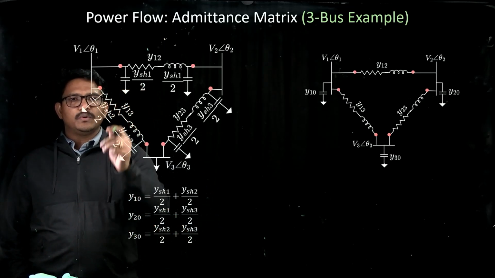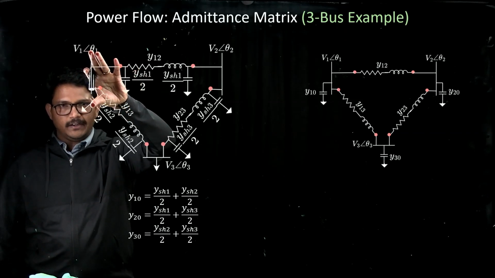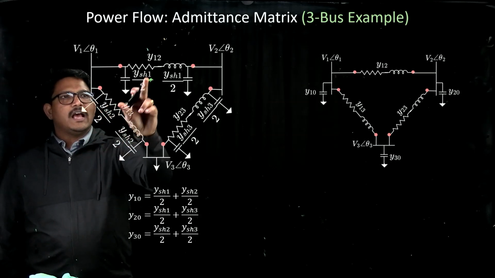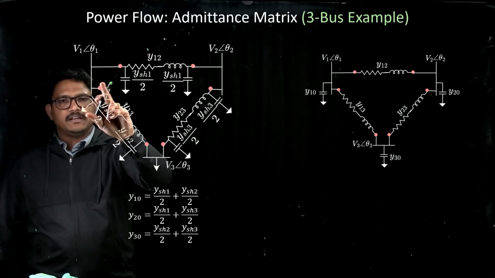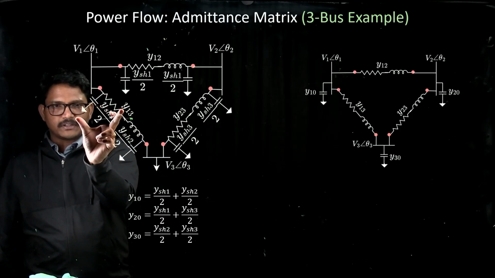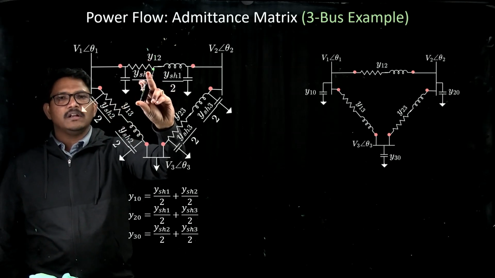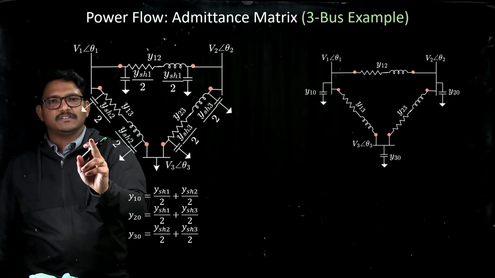Now what we do is, in this particular pi network, if you look at this particular bus 1, you see that the shunt element of this line as well as the shunt susceptance of this line, which are connected at this bus, are in parallel. So we can add this susceptance we have here and also this susceptance that we have here, and then get the total susceptance that is available at bus number 1.